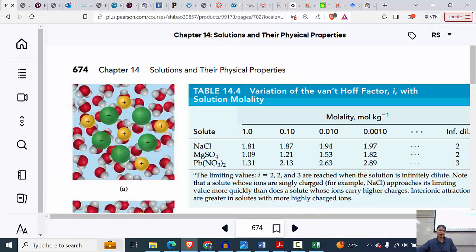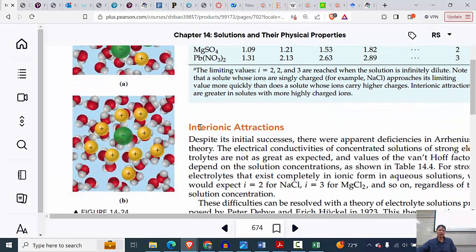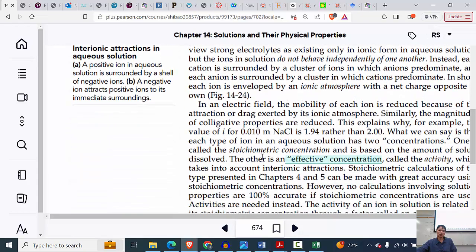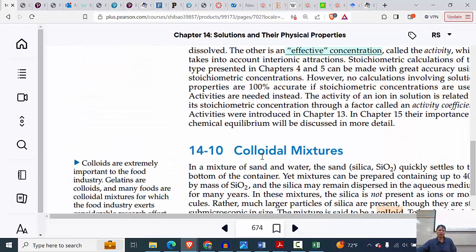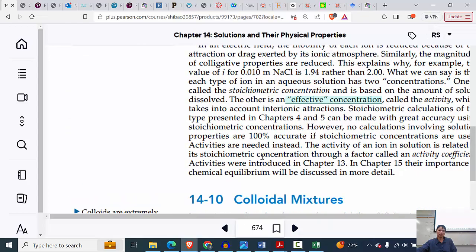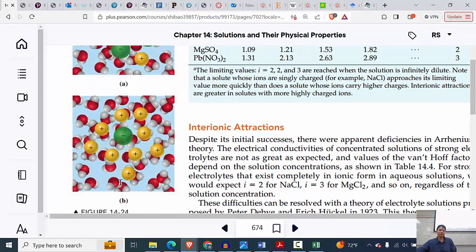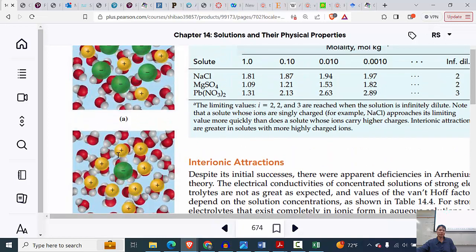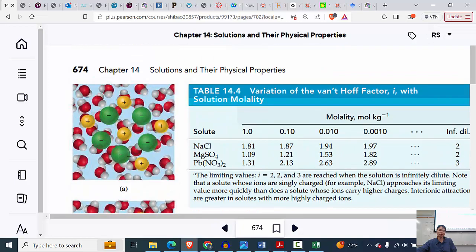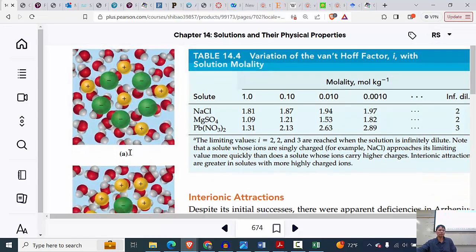Skip that, and then read interionic attractions. 1, 2, 3 short paragraphs. And then can somebody explain figure 14.24 for me? What's going on there?